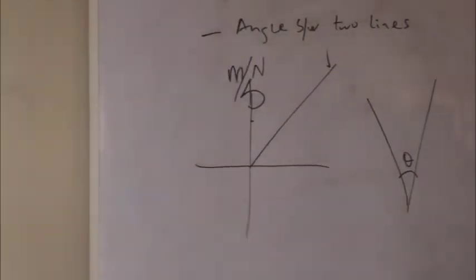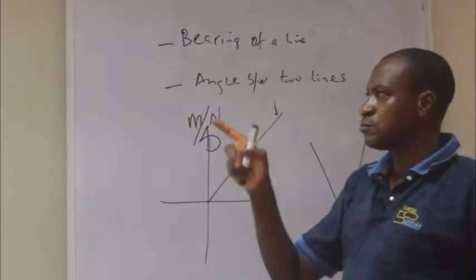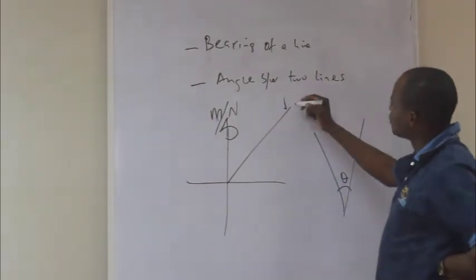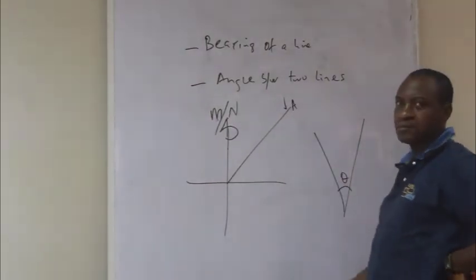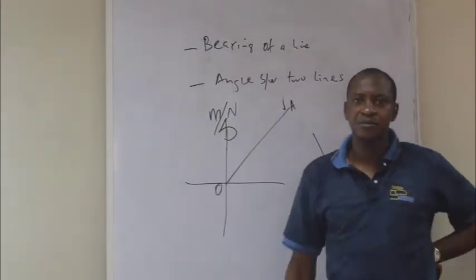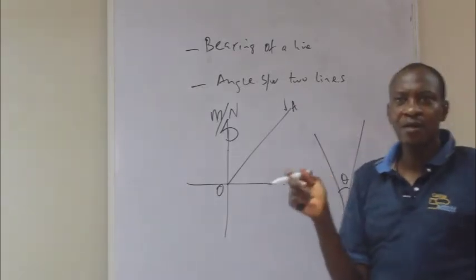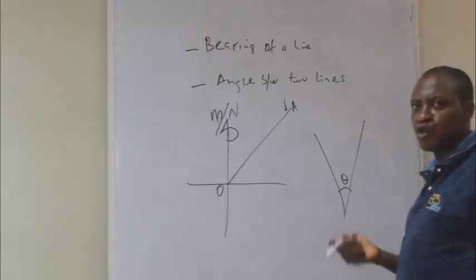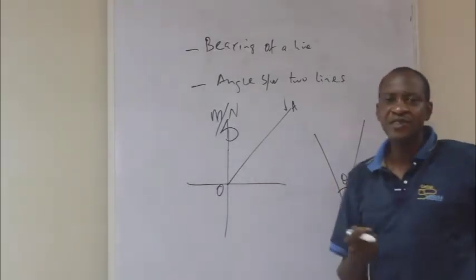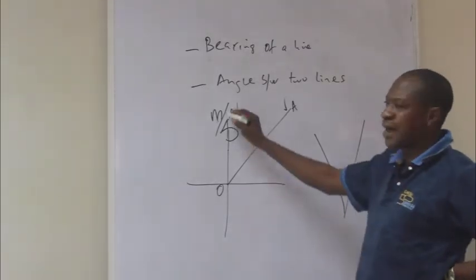So a magnetic bearing takes effect from magnetic north to the desired line. Assuming this is a point you aim at, point A, and you are at a point O, the origin. You carry your compass. We'll come to know about the compass later, how it looks like. We'll show it to you. So that compass measures magnetic bearing with reference to the magnetic north.